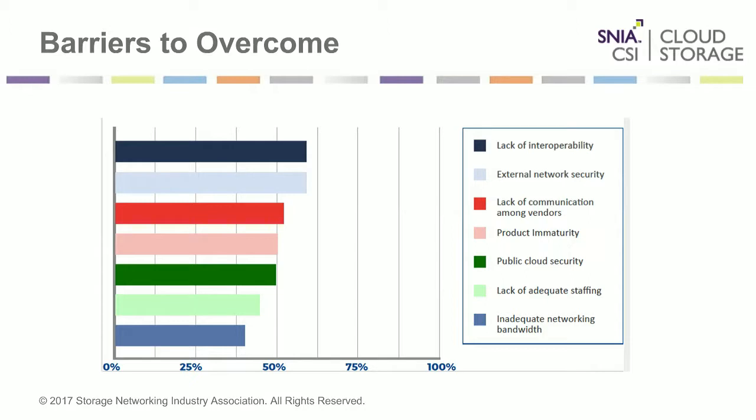So anything that gets in the way of that is going to be a barrier. And it's not really security now, it's the interoperability between piece parts, or between what's going on in your environment versus what's going on in a public cloud environment. That turns out to be the biggest thing people have to overcome as they progress with these projects.